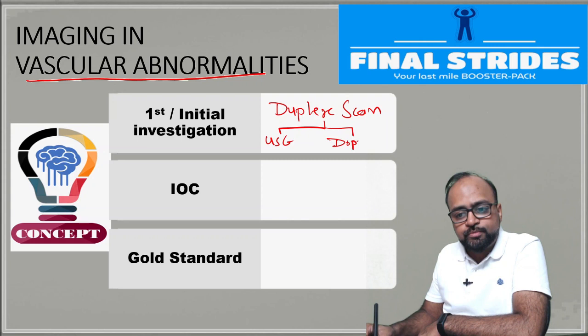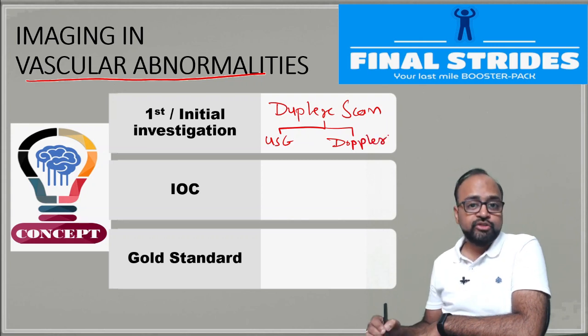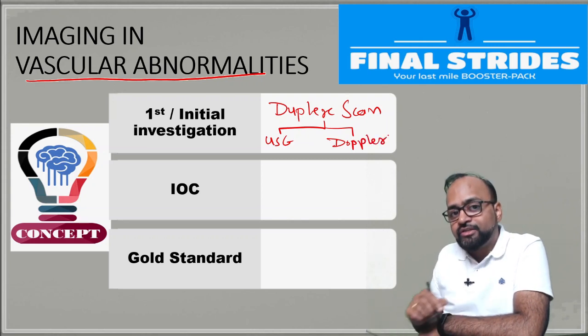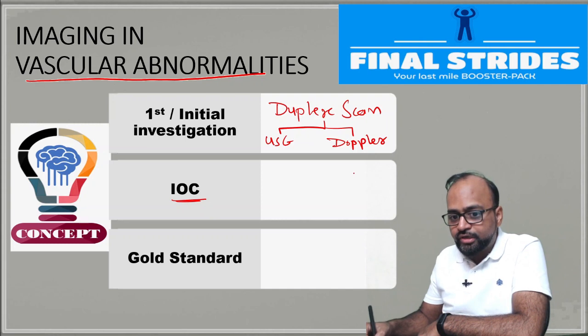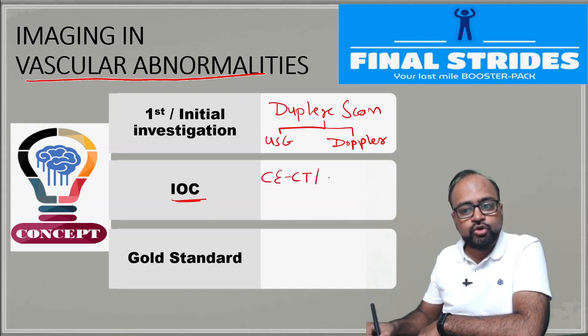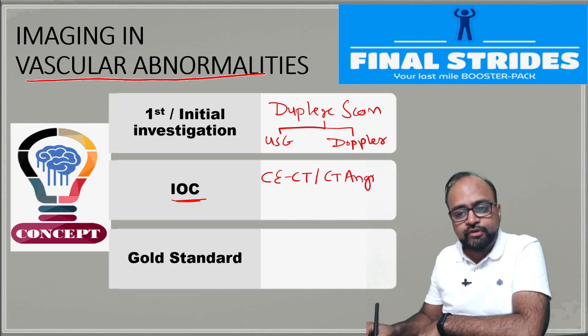If they had asked what is the investigation of choice, then remember, in most vascular conditions the investigation of choice is either CECT, or the option can also be CT angiography, or it can sometimes also be MR angiography.